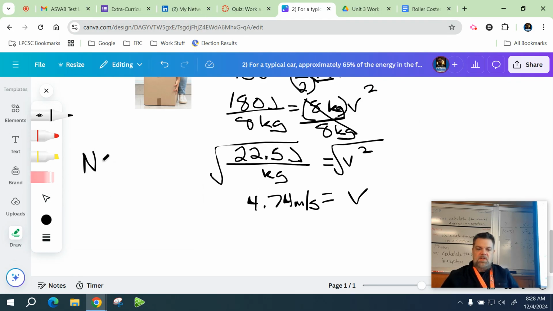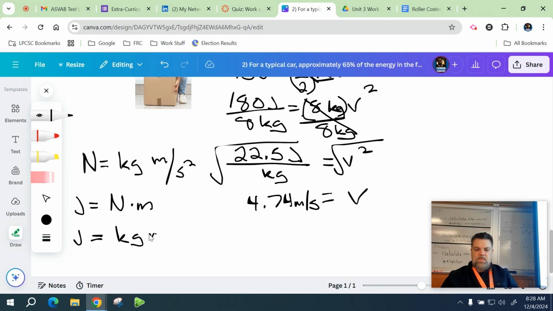Remember that a newton is equal to kilogram meters per second squared, because it's force equals mass times acceleration. Remember that joules is equal to newtons times meters, or joules is equal to kilograms meters squared over seconds squared.